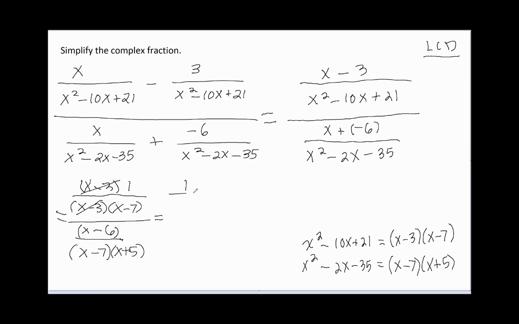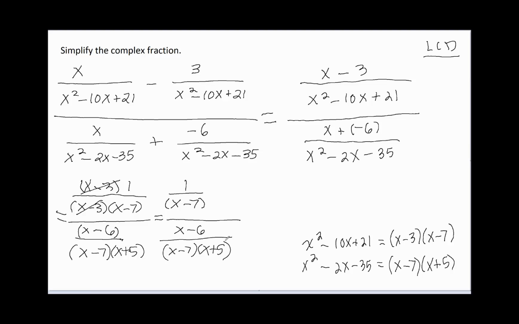So I have a 1 over x minus 7, and I'm going to put that in parentheses, over x minus 6 over x minus 7, x plus 5.